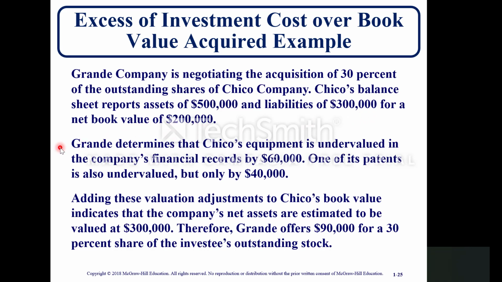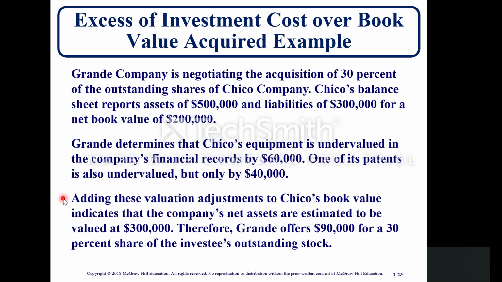Grande determines that Chico's equipment is undervalued in the company's financial records by $60,000. One of its patents is also undervalued, but only by $40,000. Adding these valuation adjustments to Chico's book value indicates that the company's net assets are estimated to be valued at $300,000. Therefore, Grande offers $90,000 for a 30% share of the investee's outstanding stock.